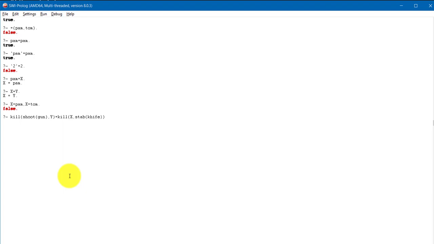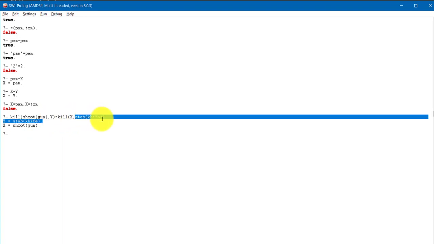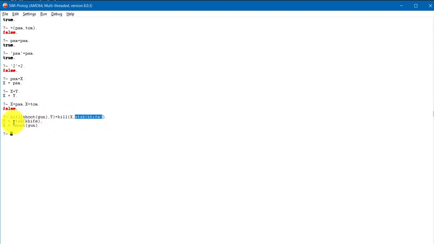So if I give this particular query to Prolog, let's see how, by using the matching rule, Prolog is finding the value of x and y. Now if you see, if I instantiate y with stab knife, that is what it did first. Then the first complex term becomes kill, shoot, gun, then stab, knife, right?